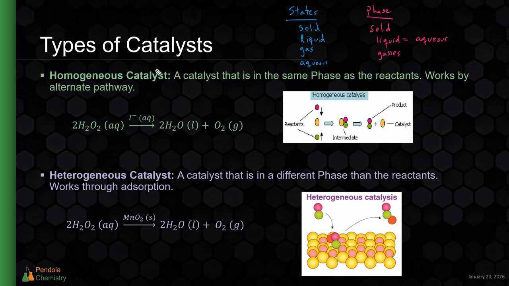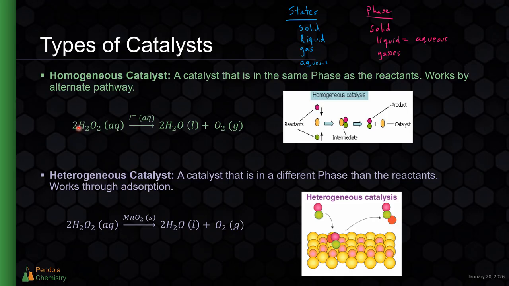Unlike with states of matter, where the aqueous is technically either a different state of matter or not a state of matter at all. So that's why we use the term phase. It's a little more freeing, it's a little more general, with liquid and aqueous being the same phase of matter. So a homogeneous catalyst is going to be in the same phase of matter as the reactants.